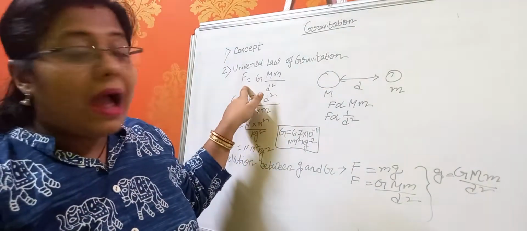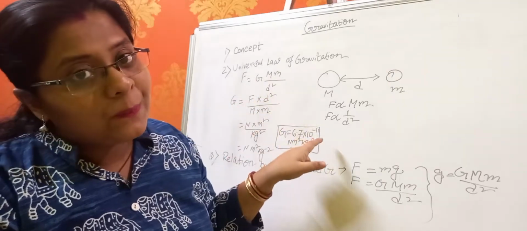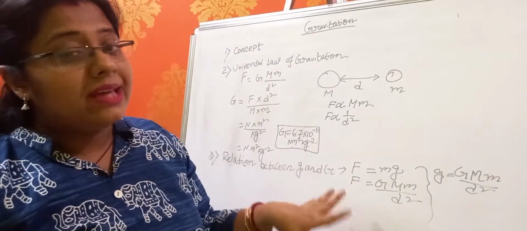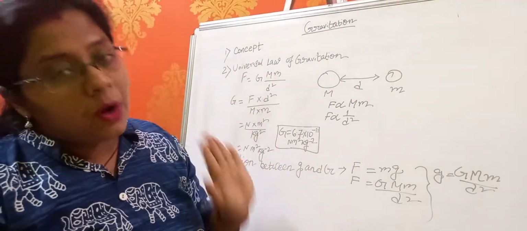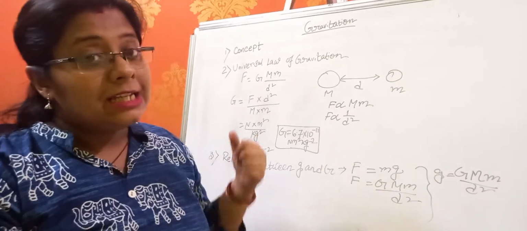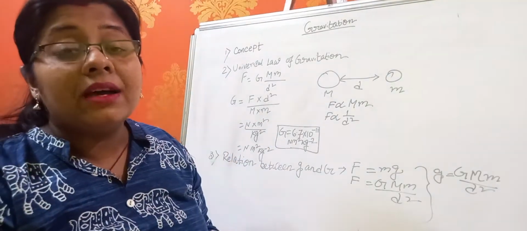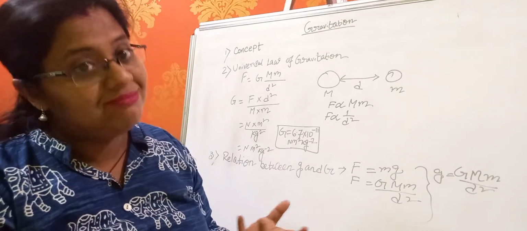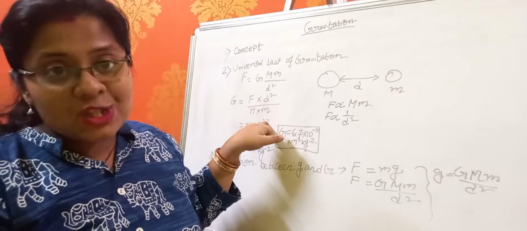F equal to capital G into capital M into small m by d square. So capital G equals F d square by capital M into small m. What is the SI unit of force? That is Newton. Then what is the SI unit of distance? Meter, and here I have the square, so this is meter square.